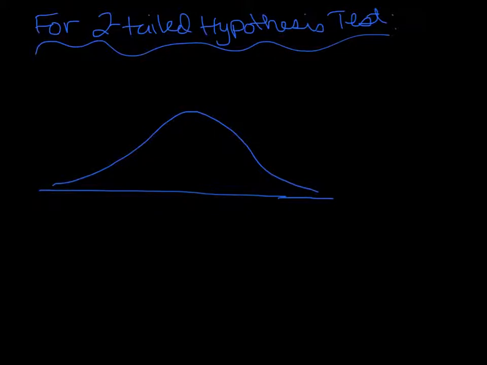This next part is a little confusing when you first do it, but it's very interesting because it's going to make a lot of connections between confidence intervals and hypothesis tests and our alpha levels. Let's say that you are running a confidence interval and you're doing a 90% confidence interval.